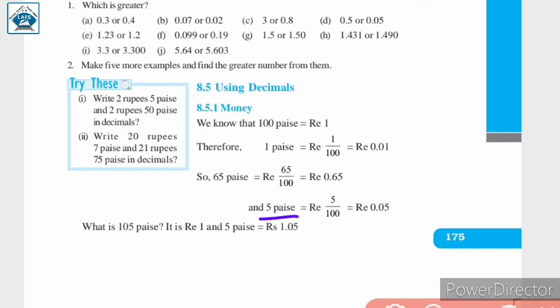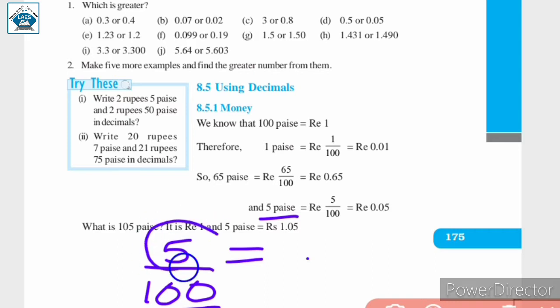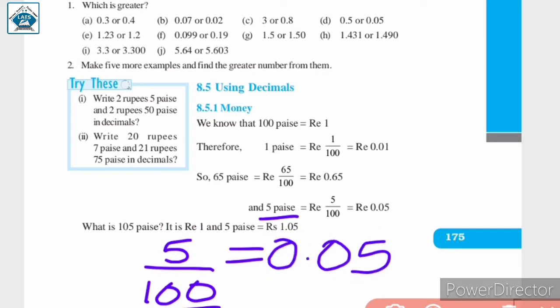Similarly for 5 paise. 5 पैसे हैं तो रुपीज़ में कन्वर्ट करने के लिए हम क्या करेंगे, डिवाइडेड बाय 100. देन दिस इज इक्वल टू, क्योंकि डिनोमिनेटर में 1 के बाद 2 zeros हैं, we require 2 digits after the decimal point. ठीक है. अब हमारे पास सिंगल डिजिट है तो क्या करेंगे, 0.5 लगा देंगे और डेसिमल से पहले भी 0. So 5 paise is 0.05 rupees.